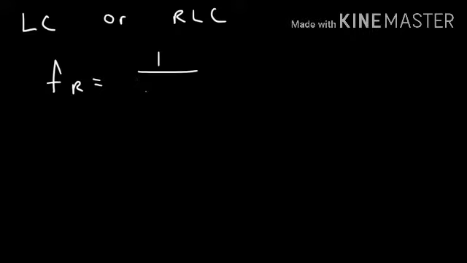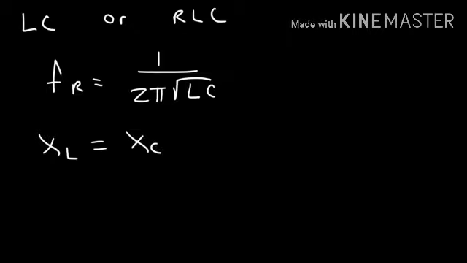Now, whenever you have a circuit with a capacitor and an inductor, be it an LC circuit or an RLC circuit, you can calculate the resonant frequency, which is 1 over 2 pi square root LC. At the resonant frequency, the capacitive reactance and the inductive reactance are equal to each other.